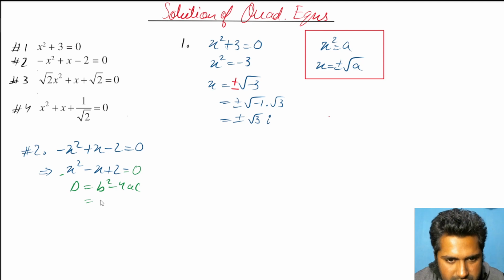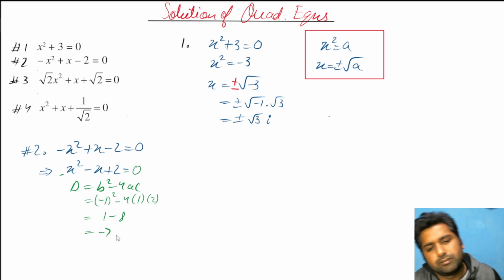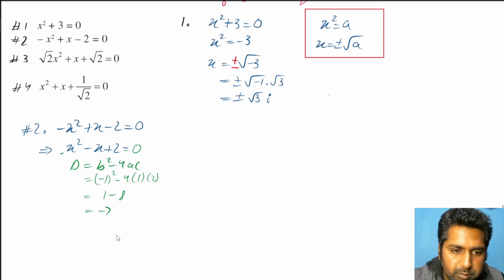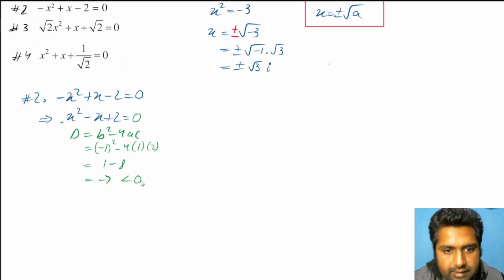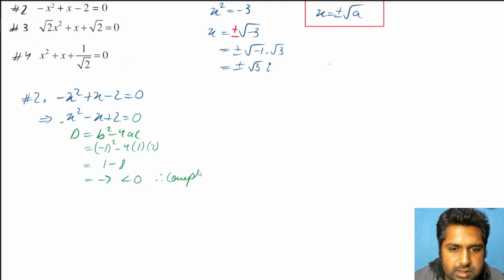So b is minus 1, minus 4 into a is 1, into c is 2. So that's 1 minus 8, that's minus 7. d is coming negative, so no real roots, or precisely it is coming less than 0. So we'll say therefore complex roots.